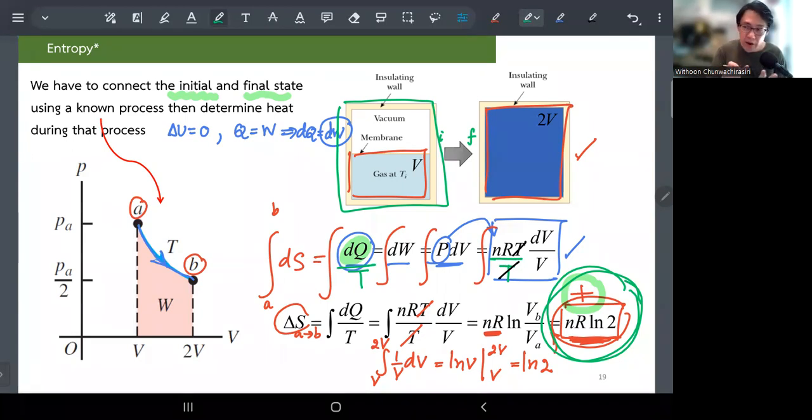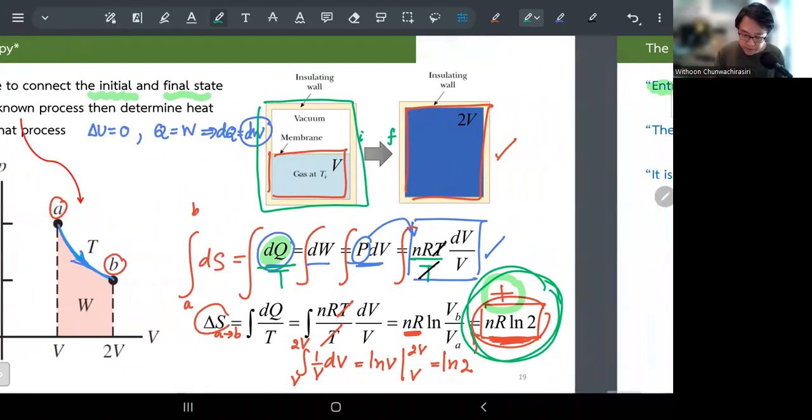However, I have already prepared a couple of exercises for you to try to calculate the entropy change for some simple system, maybe things cooling down, an ice, a water, something like that, and see if your result matches what we are concluding right here, which is if your universe has a positive change of entropy, whatever change you are talking about is an irreversible process. That's the cool thing about this one. Very nice.